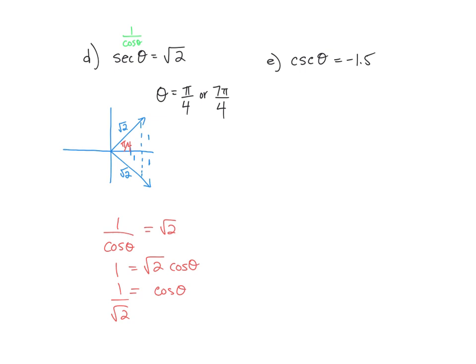Now obviously I would not need to see all of those steps. You could have gone just directly to that's the same as cos of theta is equal to 1 over root 2. Either way, correct.